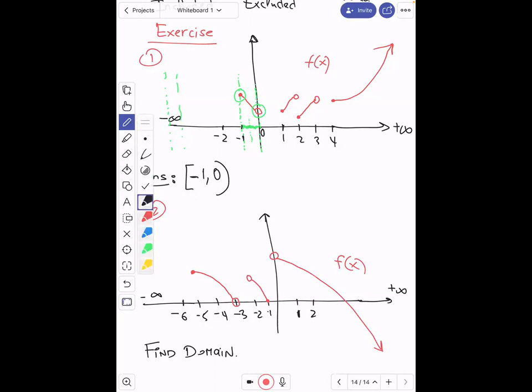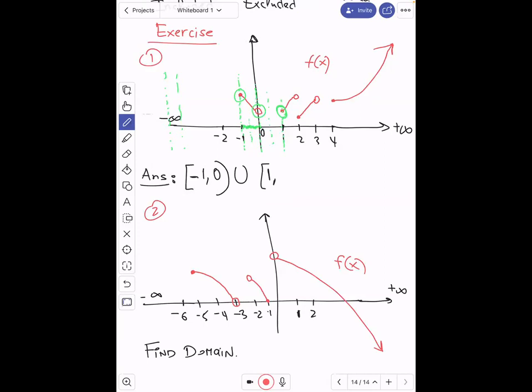Now, after 0, just be careful between 0 and 1. There is no intersection. And then you're going to have intersection again at +1 right here. So I got my first interval, union, capital U. My second interval is going to start at +1. +1 is included, comma, and let's see how it goes.